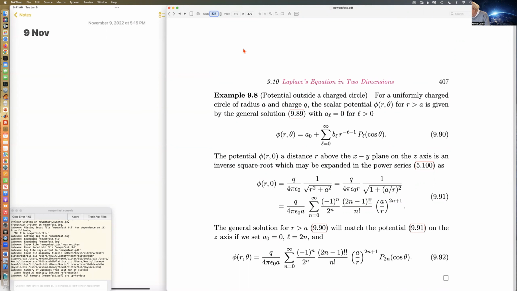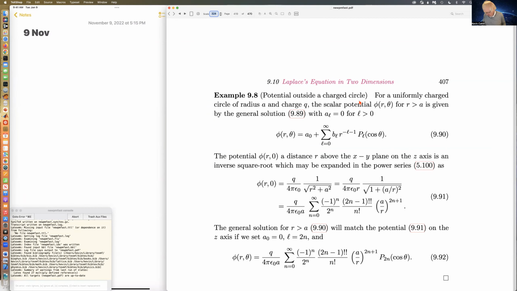I realized that homework problem was, I think, already due, but in any event, the object here is education rather than getting the grading done one way or another. So let's consider the potential outside a charged circle.